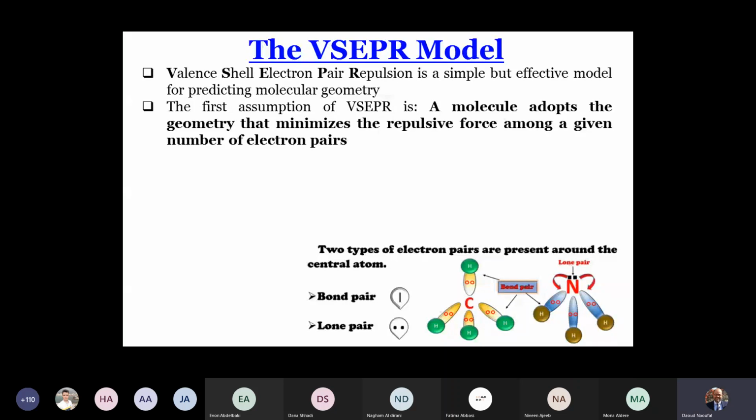And as I said, we have several types of electron pairs. Consider CH4. We have 2 electrons between C and H, 2 electrons between the single CH, 2 electrons bonding CH, 2 electrons bonding. So 2 dots are called the bonding electrons, and 2 bonding electrons form 1 bonding pair.